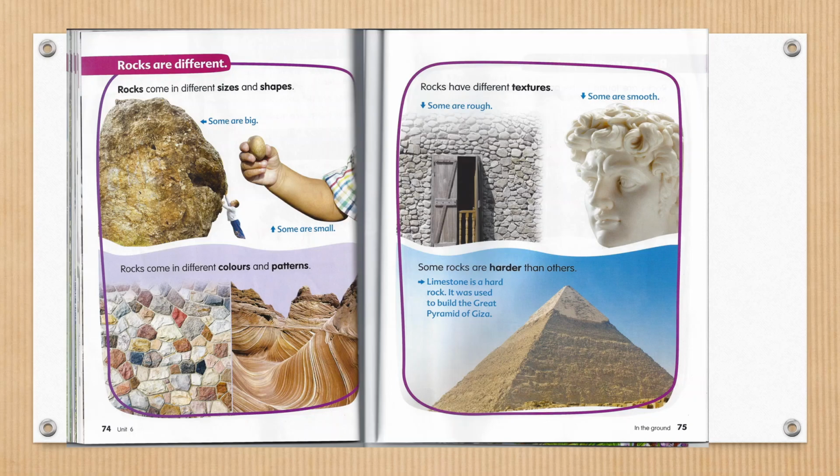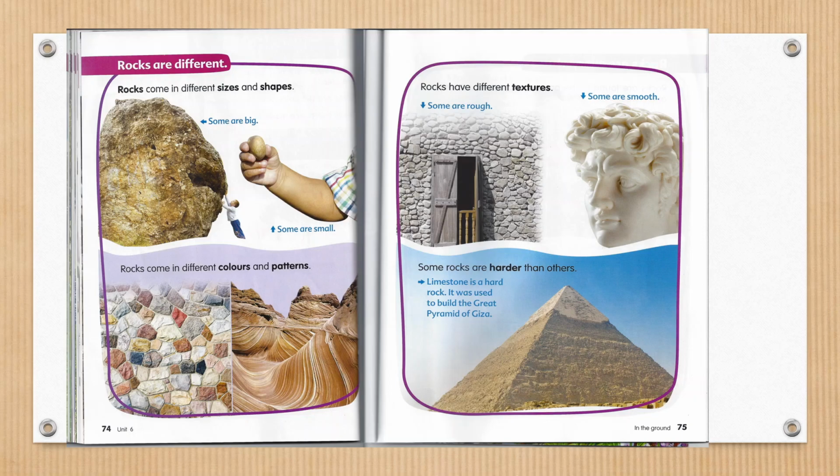Patterns is a good word to describe rocks because some of them have spots, some of them have lines, some of them have different figures. So that's a good word to describe rocks, patterns. Rocks have different textures. Some of them are rough and some are very smooth.